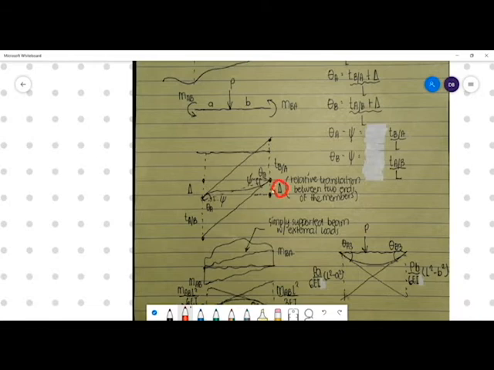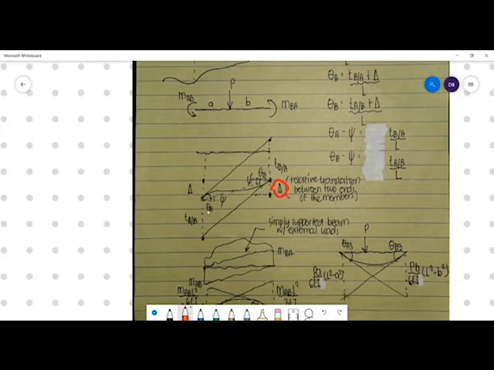Kasi ang goal natin is to find the support reaction, no? So also ang beam natin, dahil sa load P na yan, naging subject din siya into rotation, no?